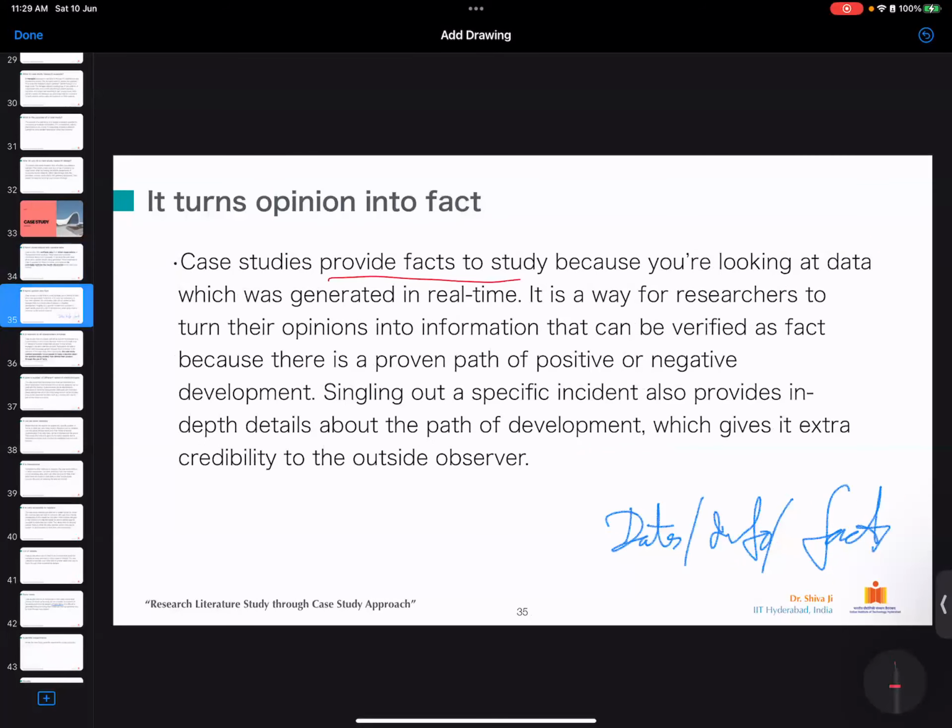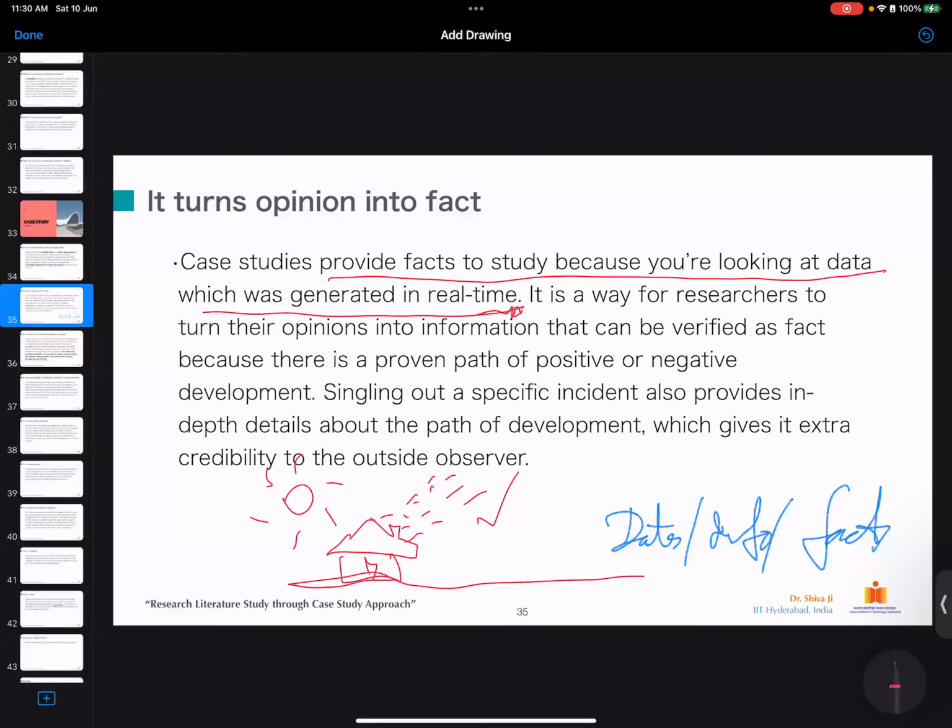Plus it provides facts to study, because you are looking at data which was generated in real time, and that is the best part. Even in the simulation, for example, if I see our own city Hyderabad, how the sun, wind, and rain are affecting our buildings, simulation can also give data. But on the ground, if you visit the neighborhoods, the colonies or places, you can see a lot of examples.